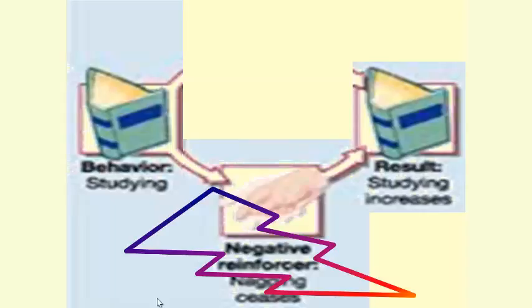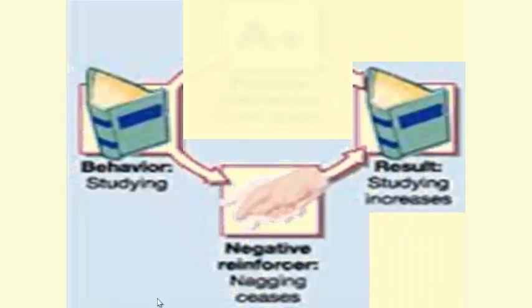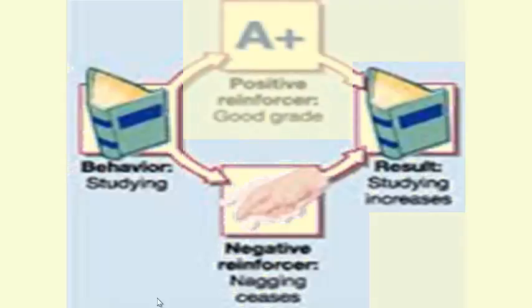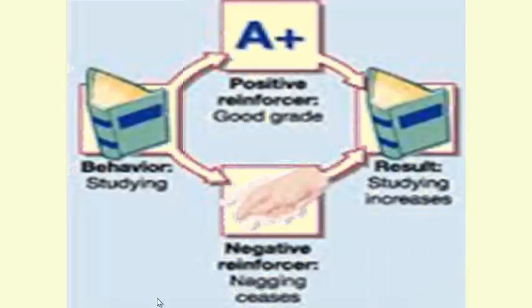A positive reinforcement, remember, is something that rewards desired behavior to increase the frequency of behavior, while a negative reinforcer removes a punishment or an aversive stimulus.